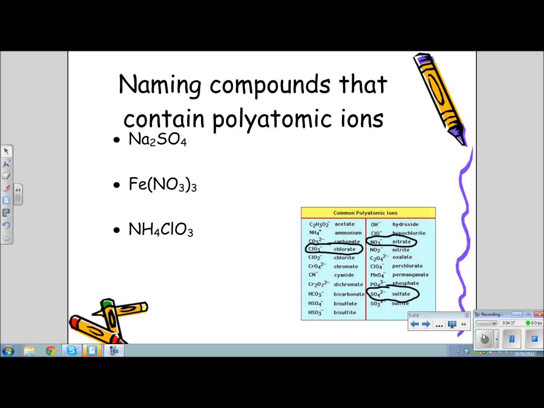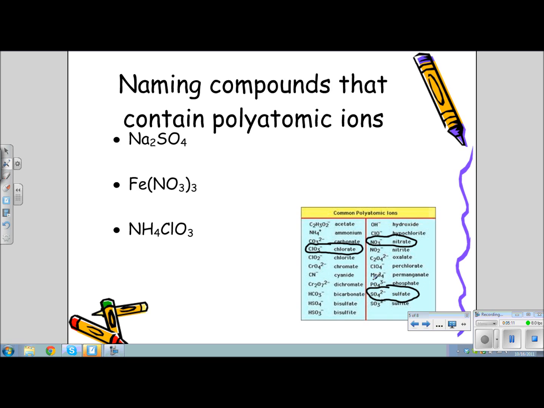In order to name the compounds that contain polyatomic ions, we still have to determine whether they are type 1s or type 2s in order to know whether we have to put a Roman numeral. So let's take a look at this compound. Sodium sulfate would be the name. How did I know that? Well, here's sodium, and I have circled sulfate here, the ion.